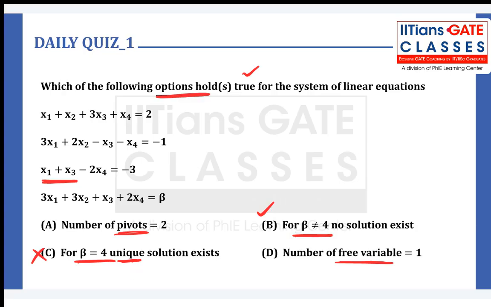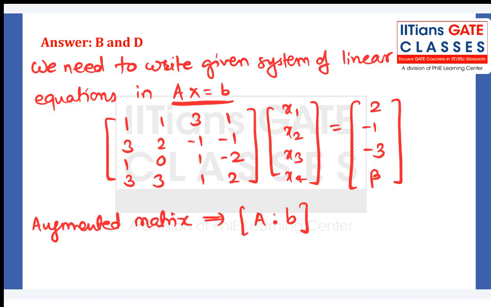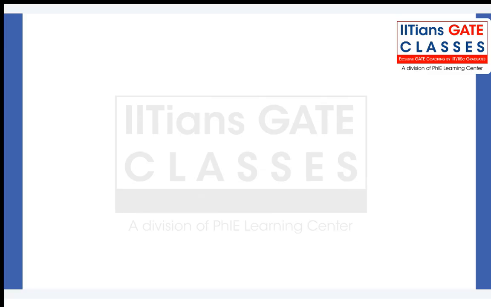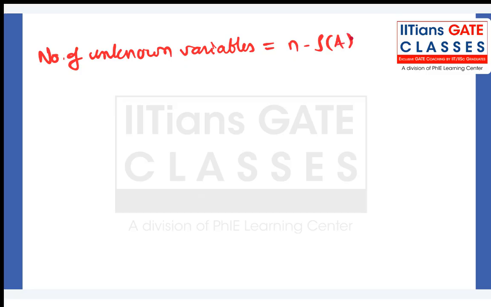And now the number of free variables, as you can see, first of all, it depends. See, if beta is not equal to 4, then you cannot say anything because it's an inconsistent system. But let's say if beta is equal to 4, then the number of free variables is, the typical formula, n minus the rank of your matrix A, because usually A and AB will be the same. The number of free variables is 1.